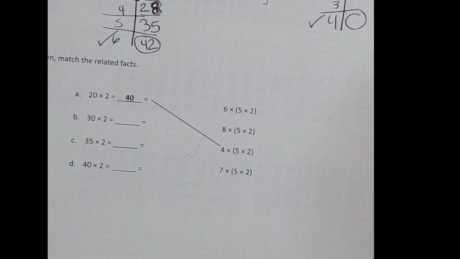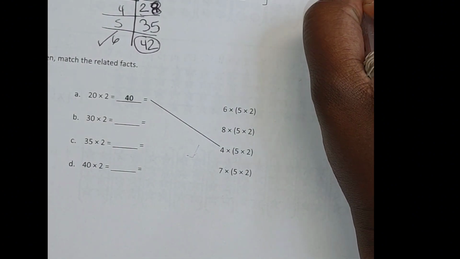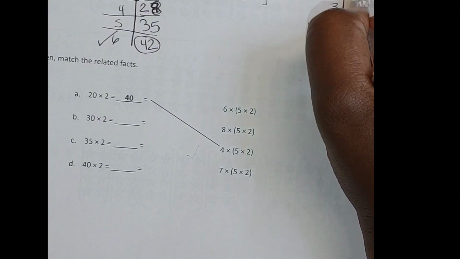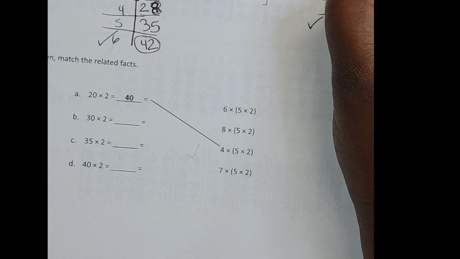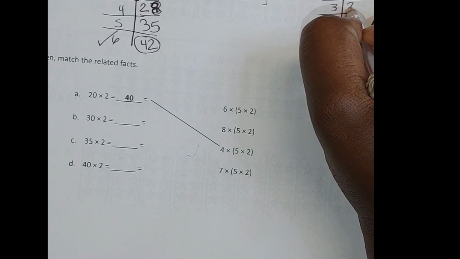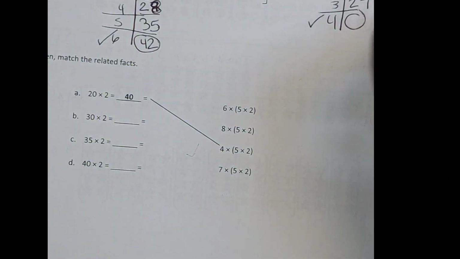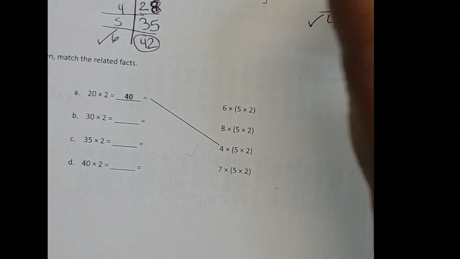Okay. 1, 2, 3, 4, 5, 6, 7, 8, 9. 10, 11, 12, 13, 14, 15, 16, 17, 18. 19, 20, 21, 22, 23, 24, 25, 26, 27, 28, 29, 30, 31, 32, 33, 34, 35, 36. 36.